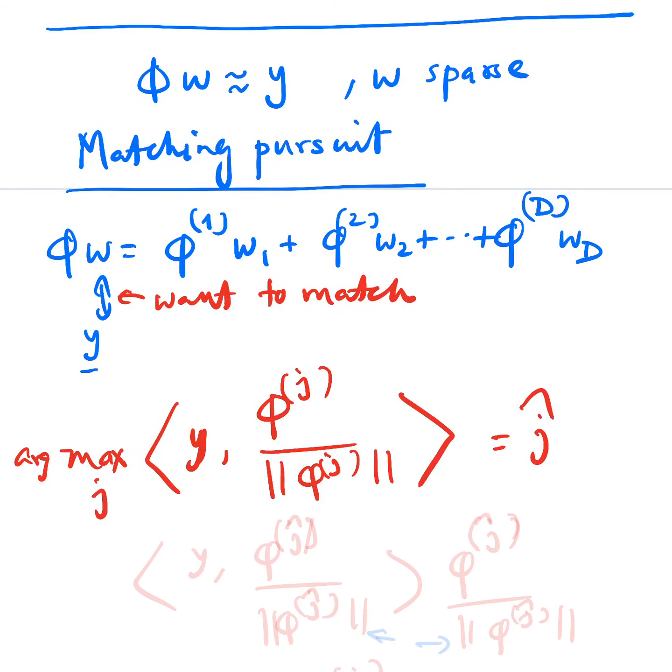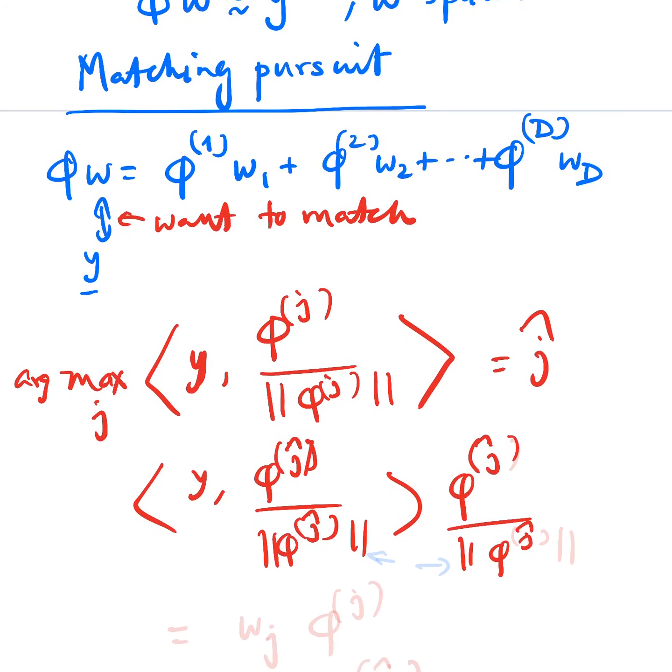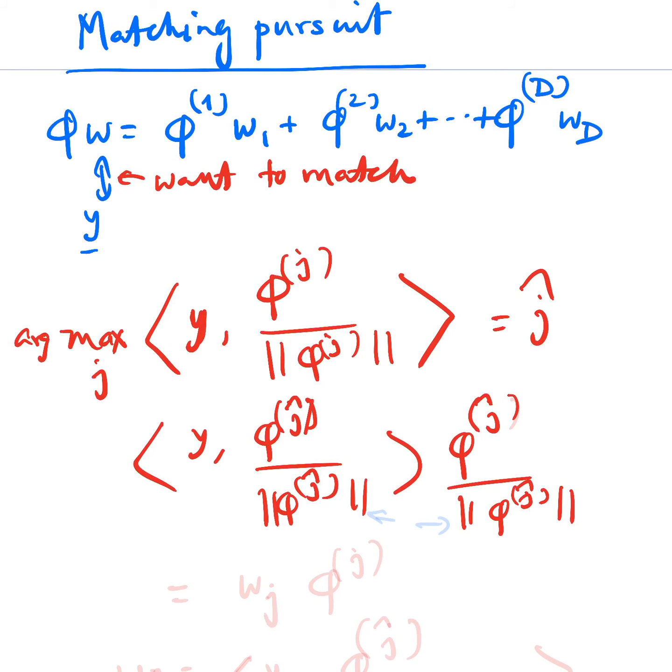Then I'm going to use j hat, and of course, what is the projection going to be when I do that? It's going to be Y onto the normalized version of j hat, the unit vector along phi j hat, times the unit vector along phi j hat. That's the projection of Y along that direction.